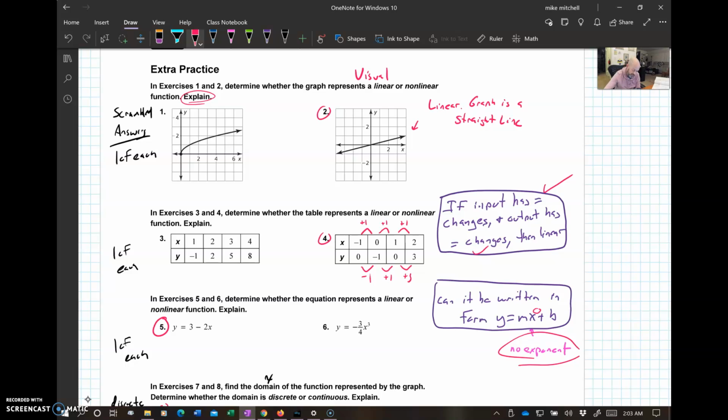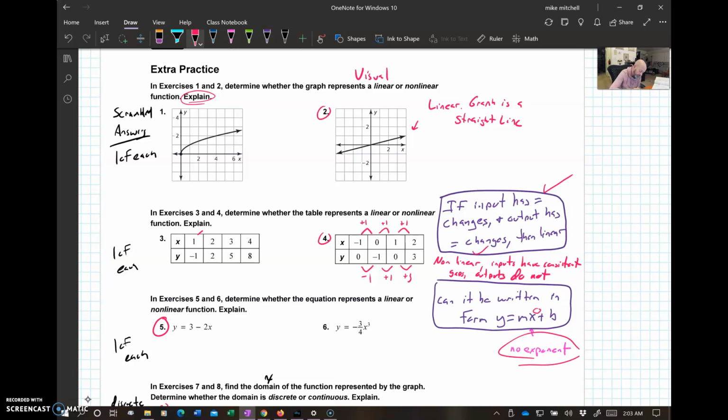So this one is going to be nonlinear. My inputs have consistent gaps. The outputs do not. So that makes it not a function.